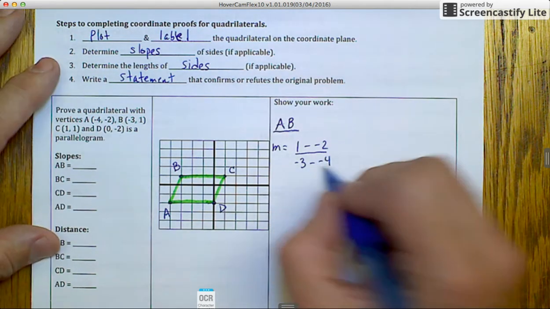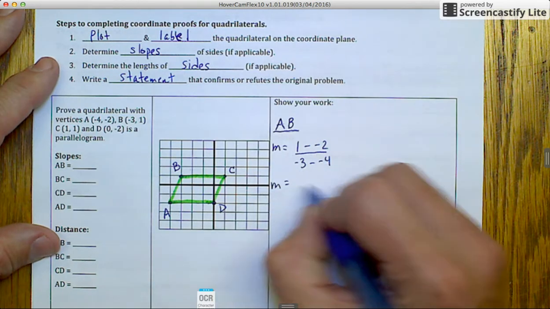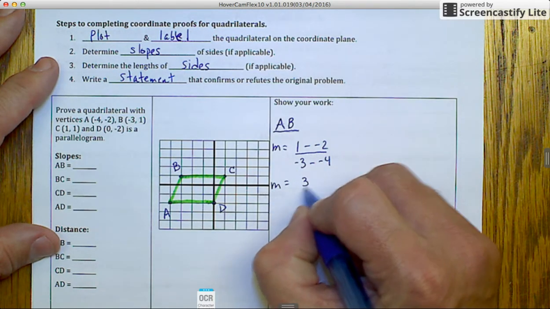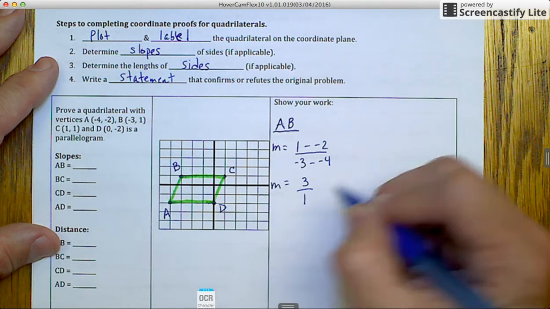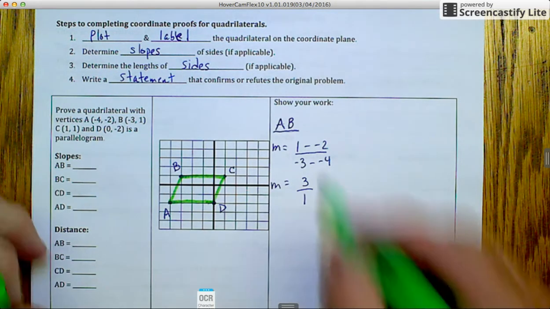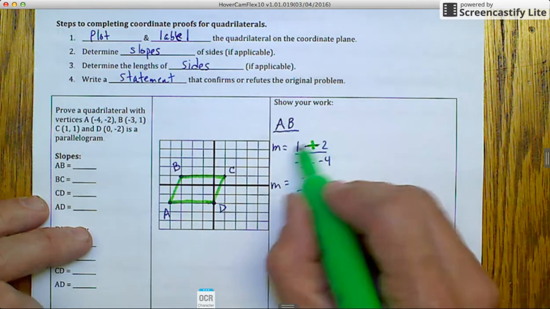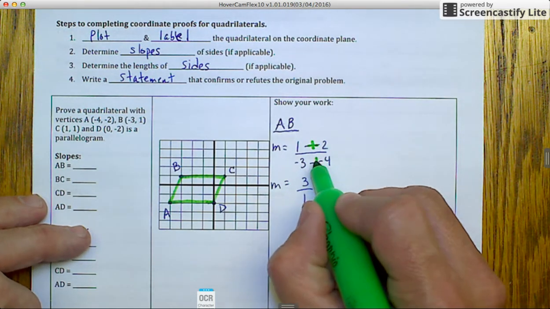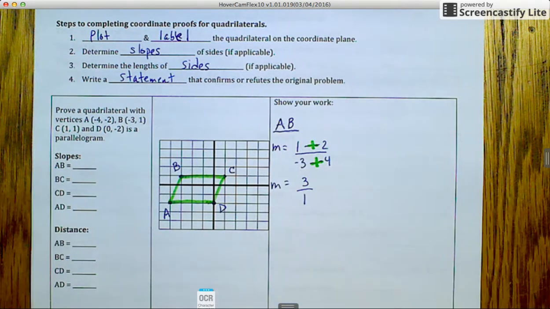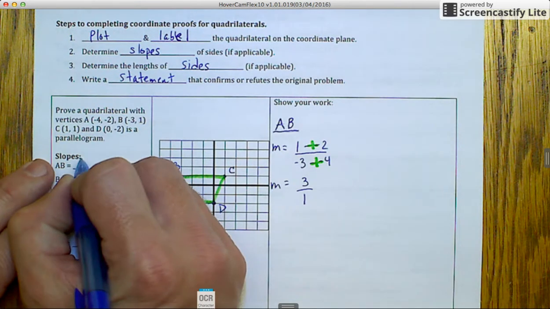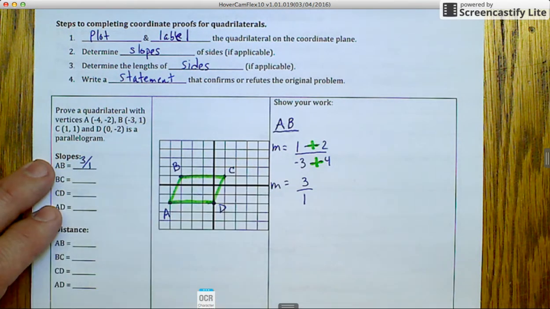Rise over run. So my slope for AB is 3 over 1. And the reason why it's 3 over 1 is because, see these 2 negative signs? 2 negatives make a positive. So 1 plus 2, and -3 minus a -4 would be plus. -3 plus 4 would be 1. So AB, my slope is 3 over 1.